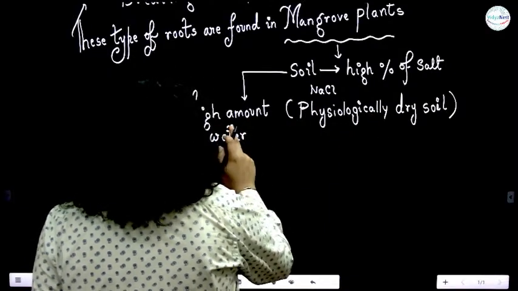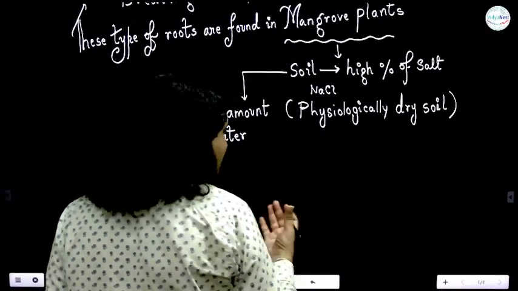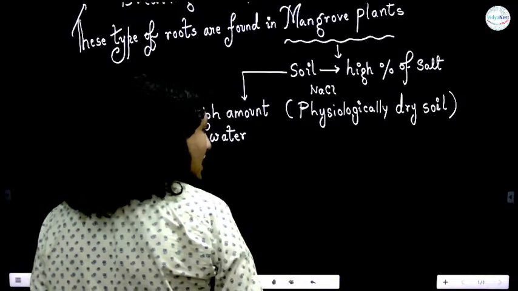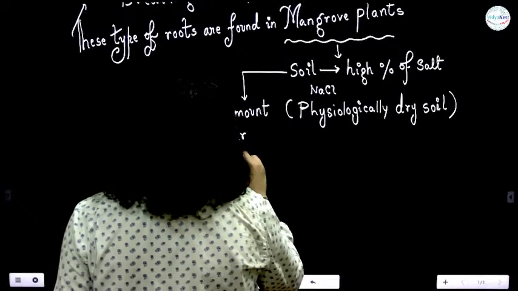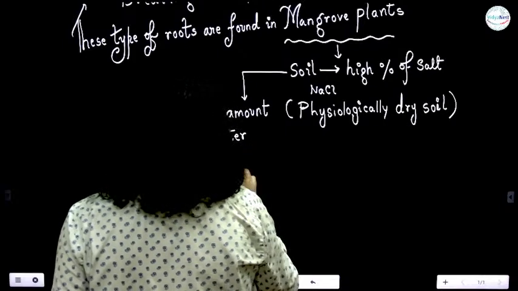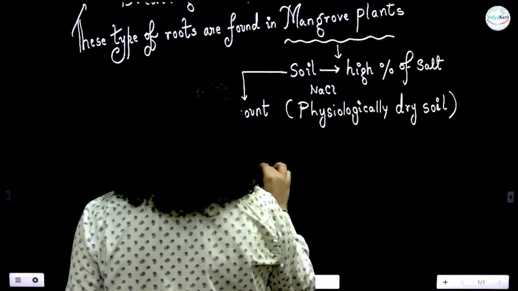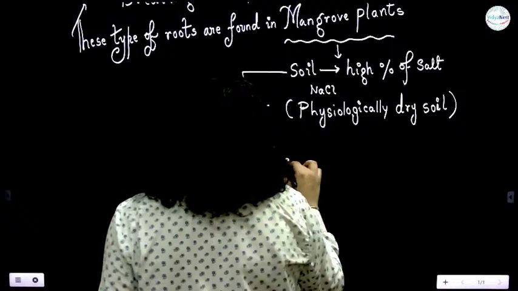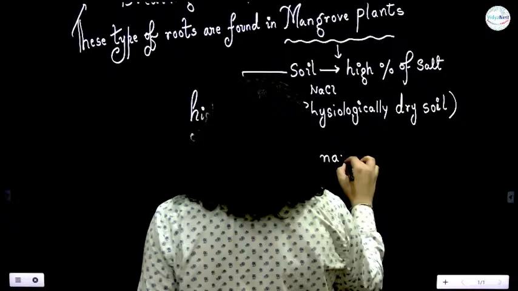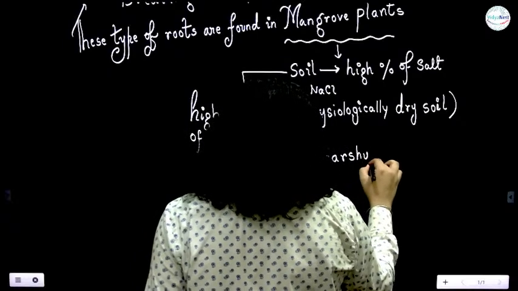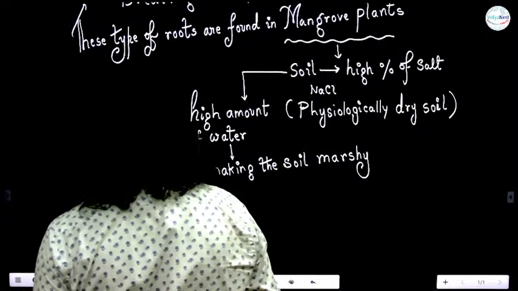High amount of water is present, and though this water may not be taken up by the root because the soil already has a high percentage of salt, the high amount of water present in the soil is making the soil marshy.